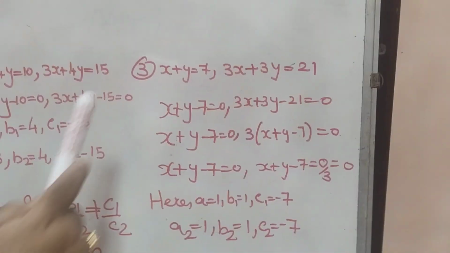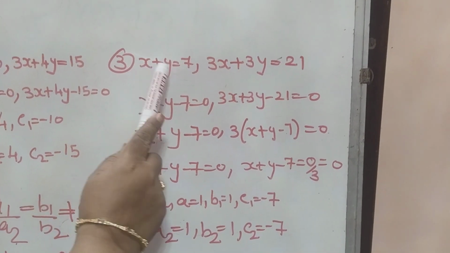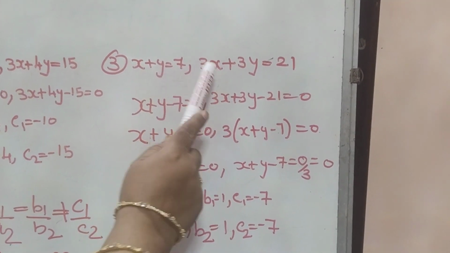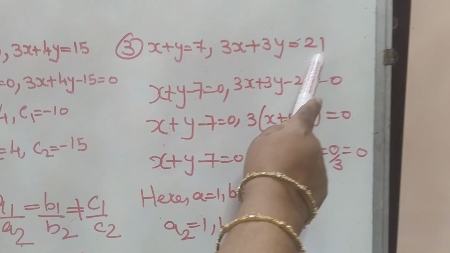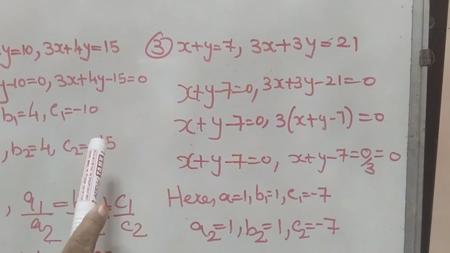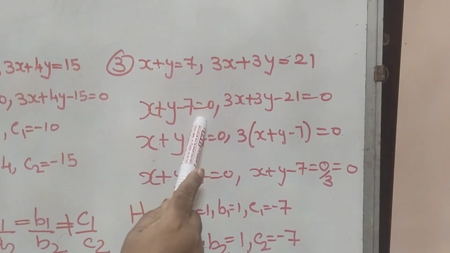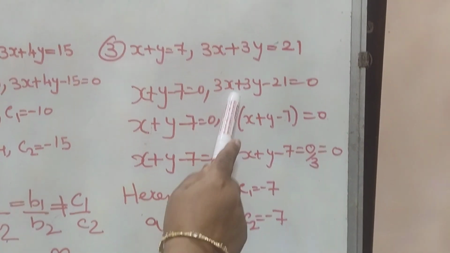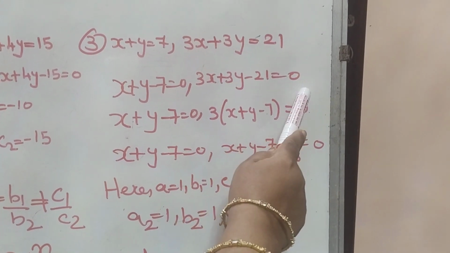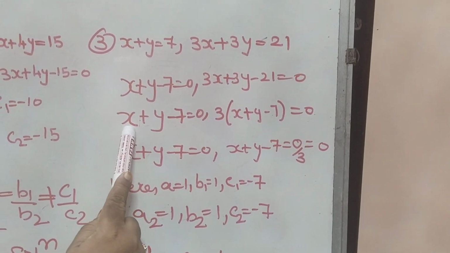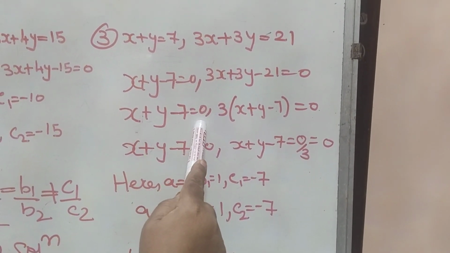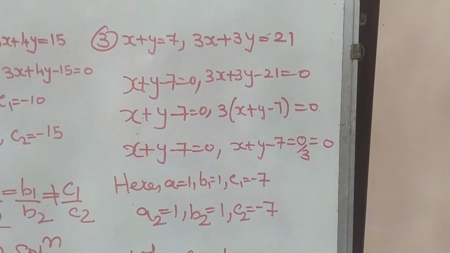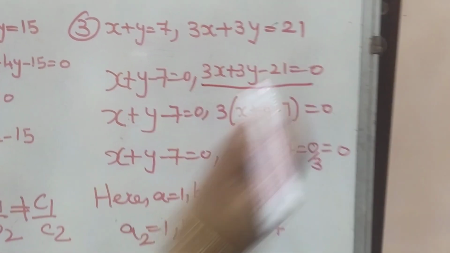Okay, the third equation is x plus y is equals to 7, 3x plus 3y is equals to 21. According to standard equation, x plus y minus 7 equal to 0, 3x plus 3y minus 21 equal to 0. Here from the second equation you will get 3 as common.